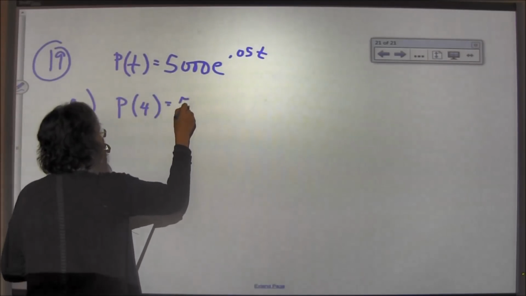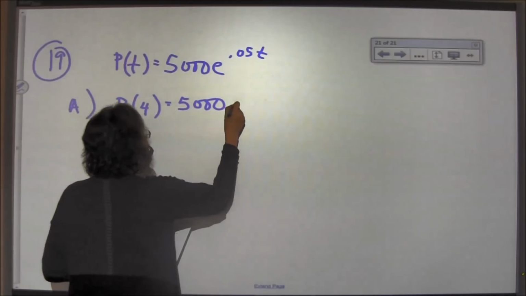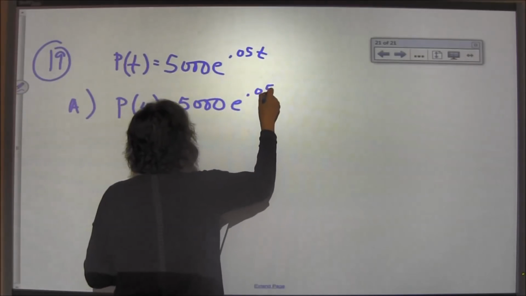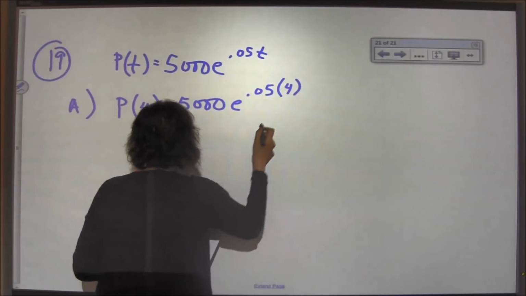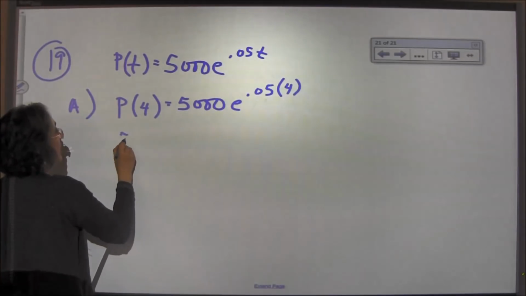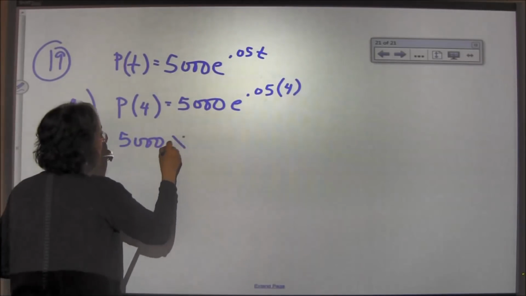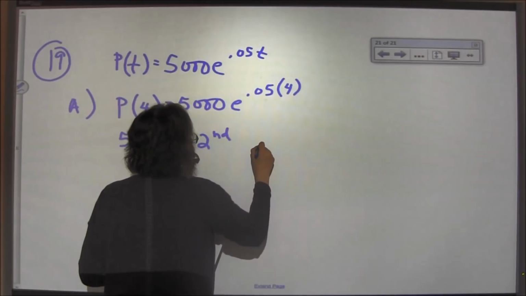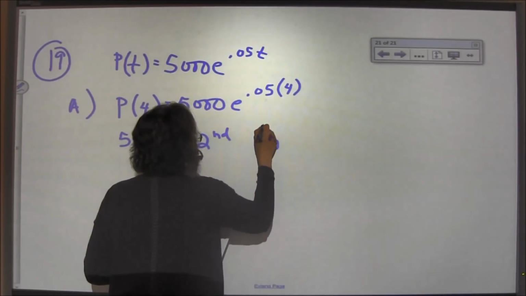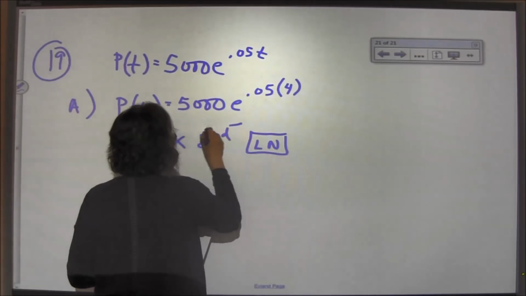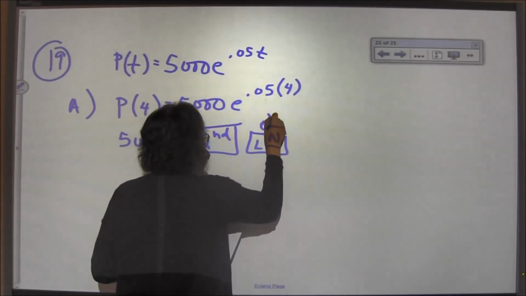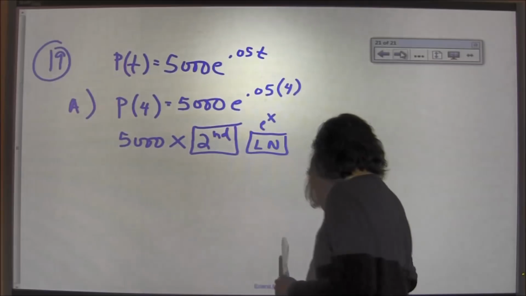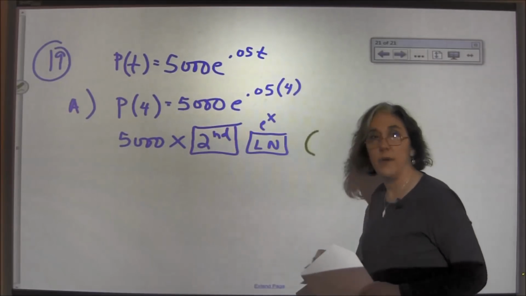So that's just typing it into the calculator and using the E key. So I'll write down the keystrokes for you. You would type in 5,000 times, you're going to have to use second function, and then the ln key, because e to the x is above the ln key. Now what's going to happen, I'm going to put this in green, because a left-hand parenthesis will come up.